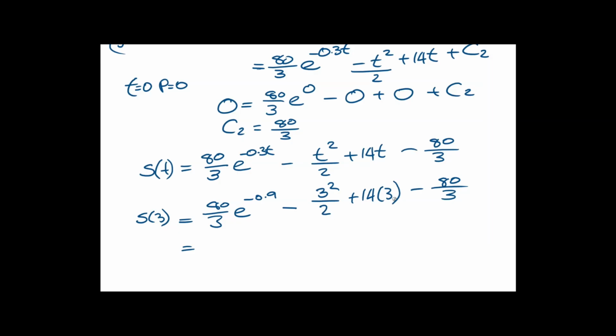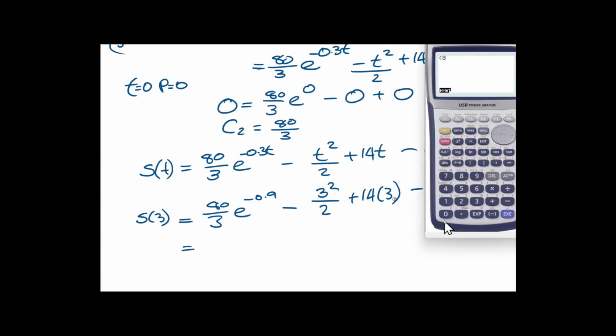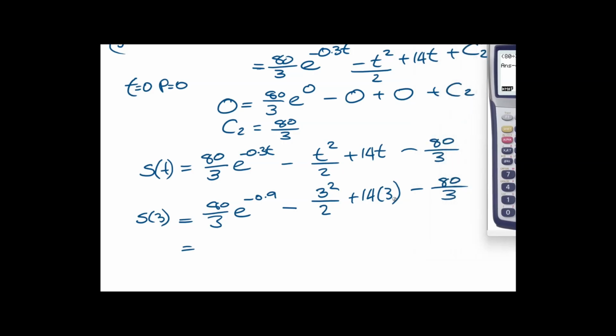So 80 over 3 e to the negative 0.9, close brackets, is that, minus 3 squared is 9 over 2, so that's 4.5, plus 14 times 3 is that, minus 80 over 3, is 21.675.